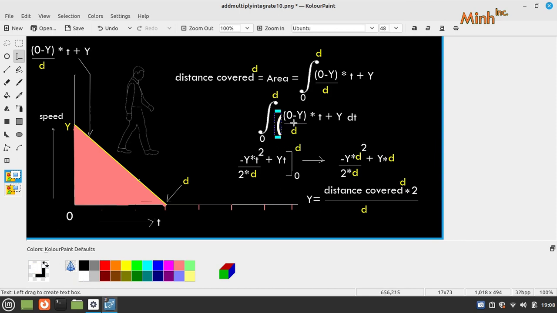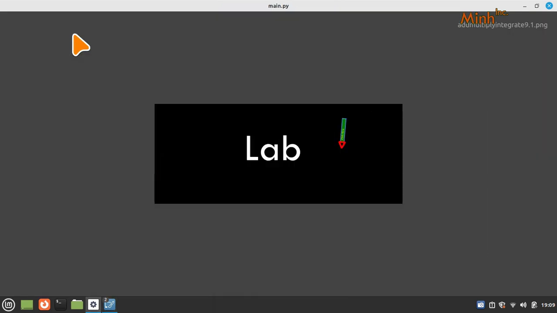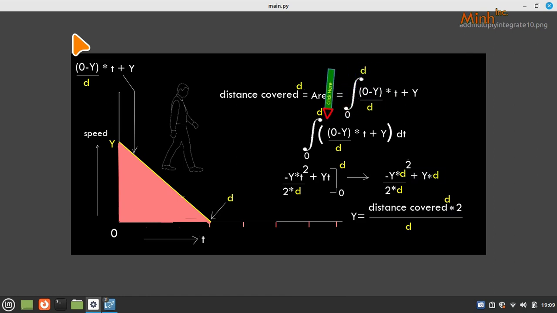So it is in braces, the way we say. Complete equation dt means we change it to dt.